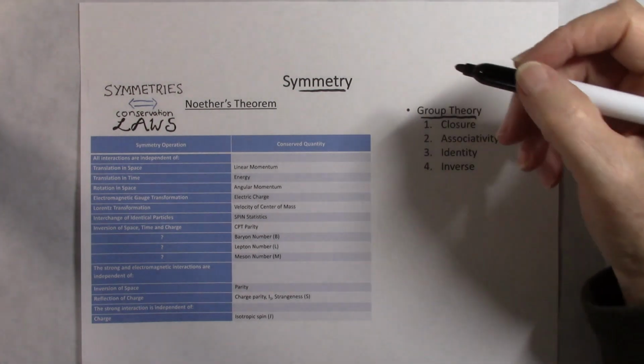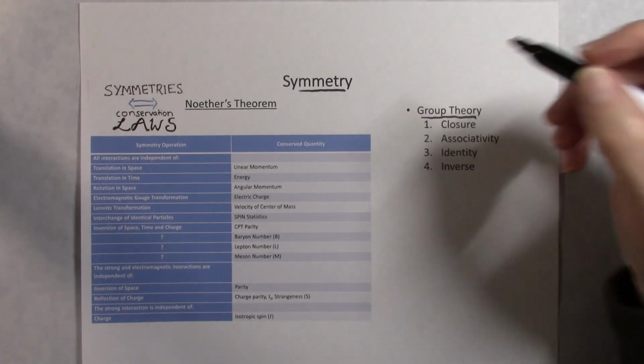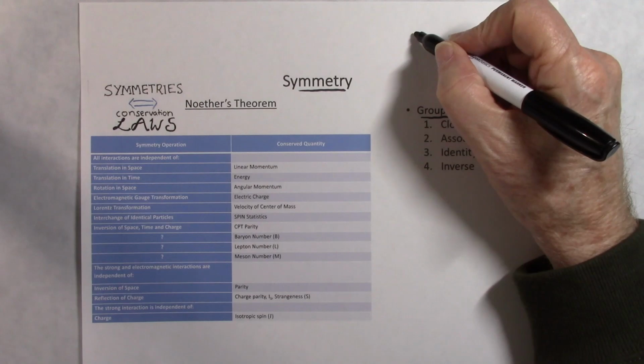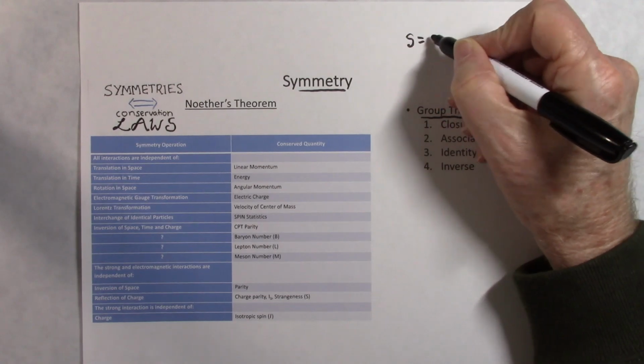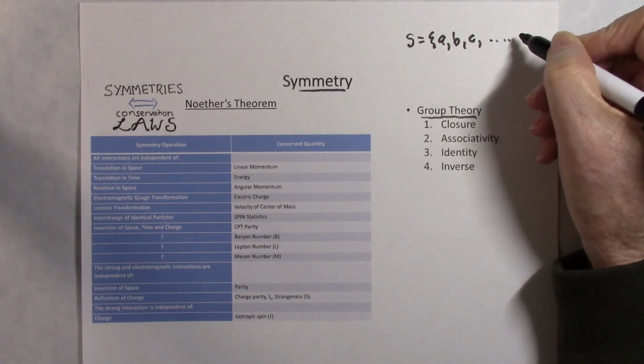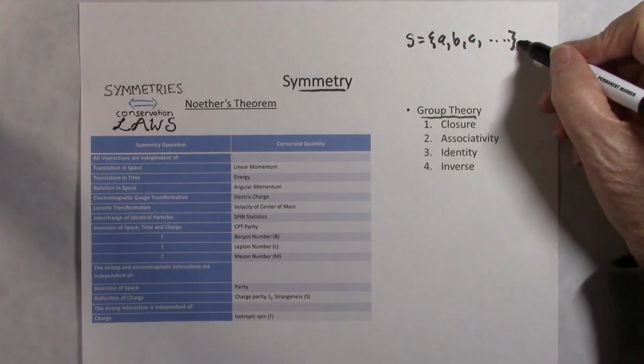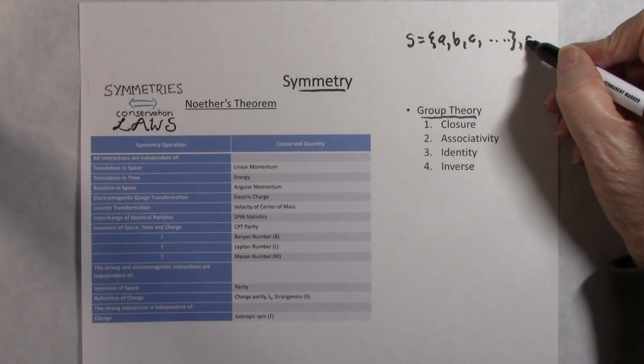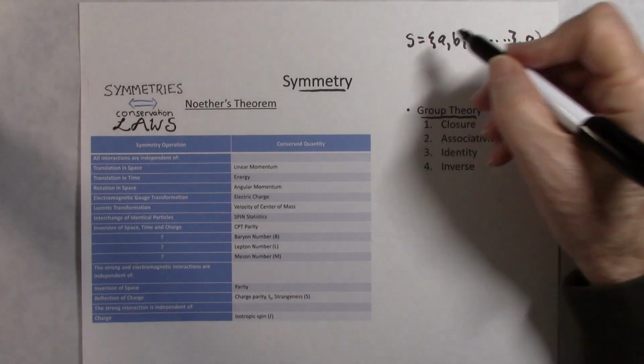So what's an algebra? Well, let's suppose that you have a set of elements, and I'll just write something like S is equal to {A, B, C}, some set of elements, and what we call a correspondence rule, and I'll just write that like that.